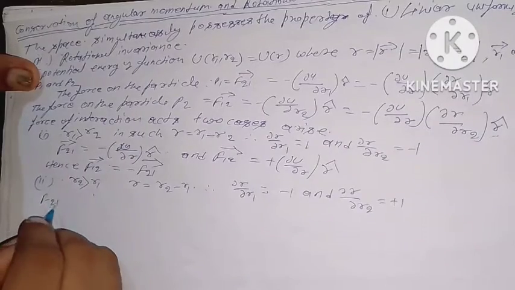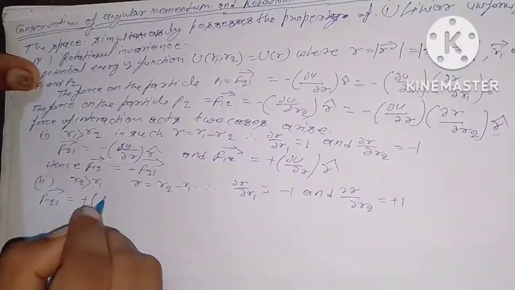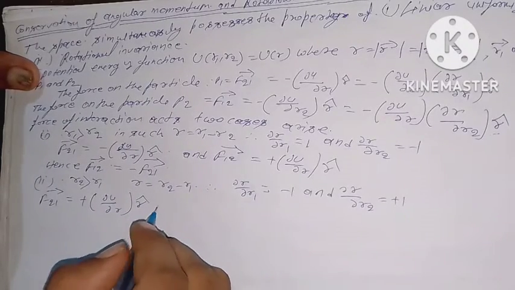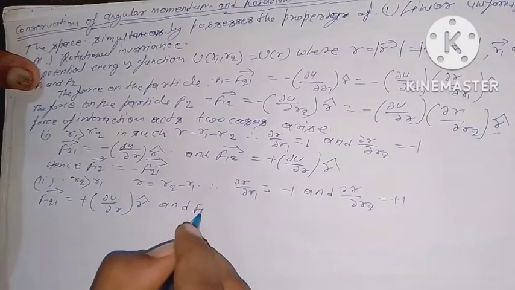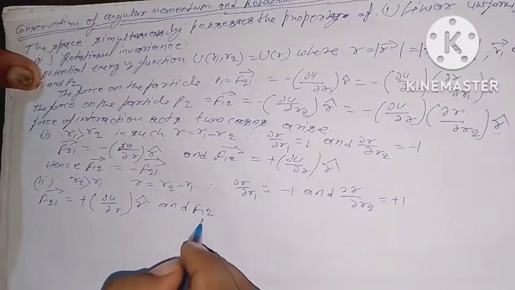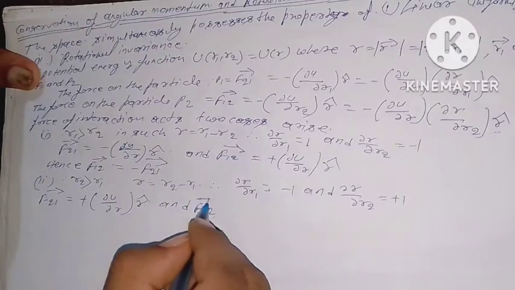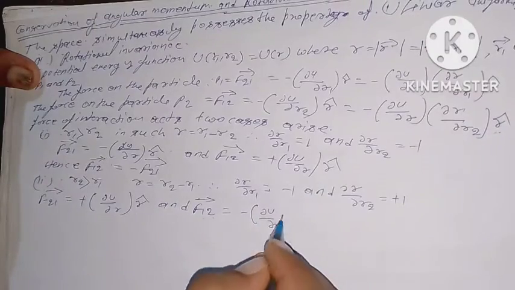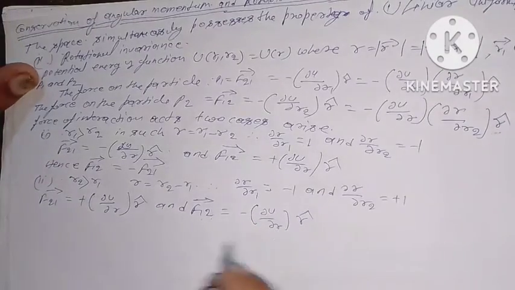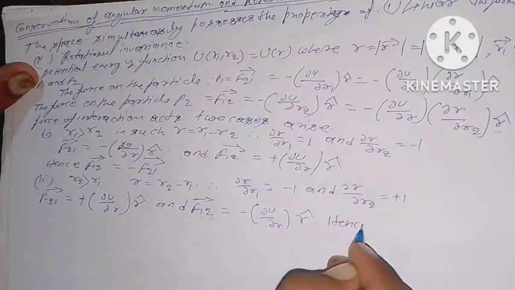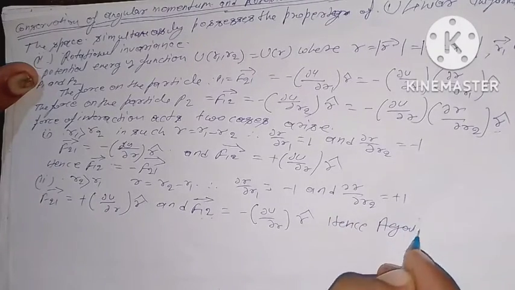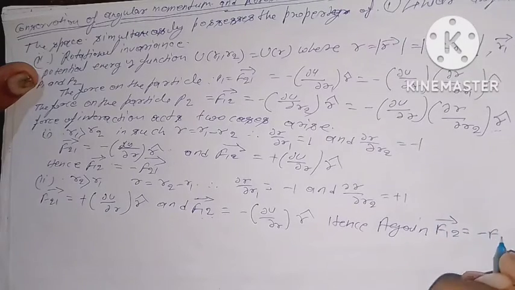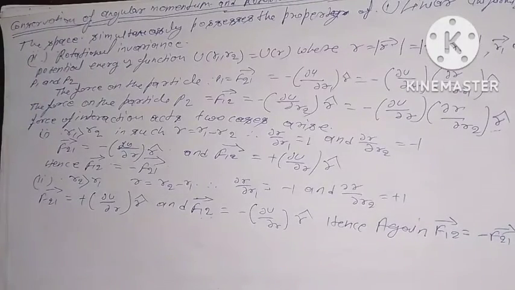Then the force F21 equals plus del U upon del r, unit vector r, and F12, the force on 1 by particle 2, equals minus del U upon del r, unit vector r. Hence again F12 vector equals minus F21 vector.